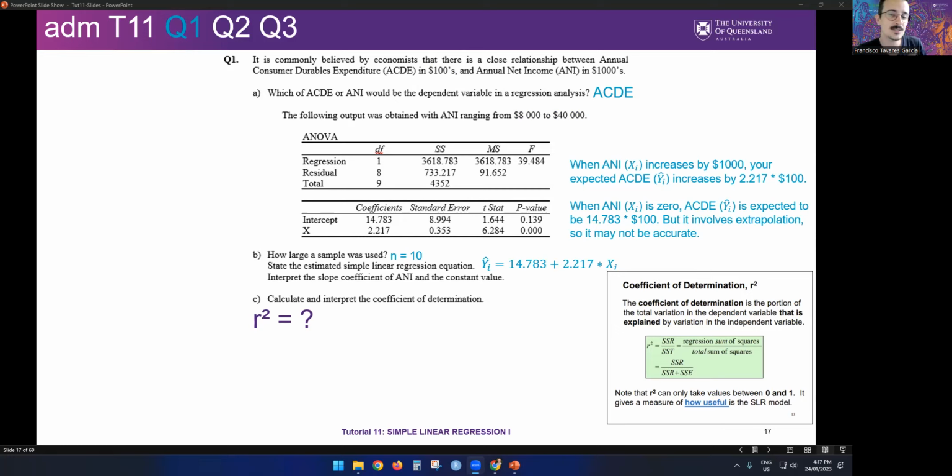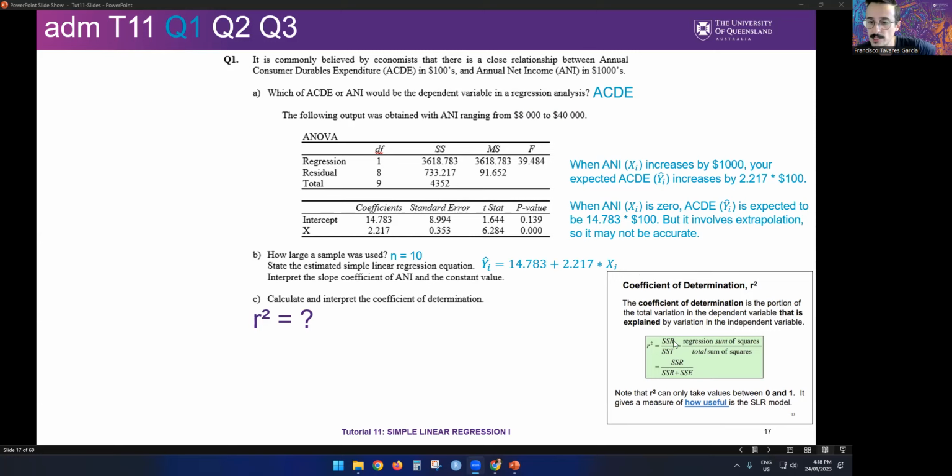R squared goes from 0 to 1. If it was a perfect linear relationship, it would be a 1. And the other way, if there's no relationship, it will probably be a 0.